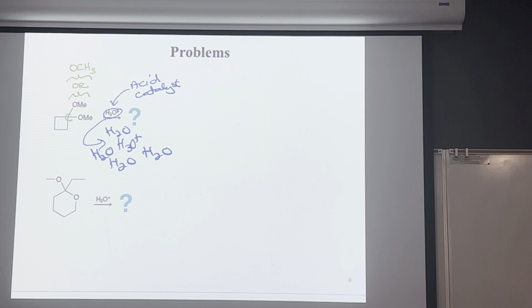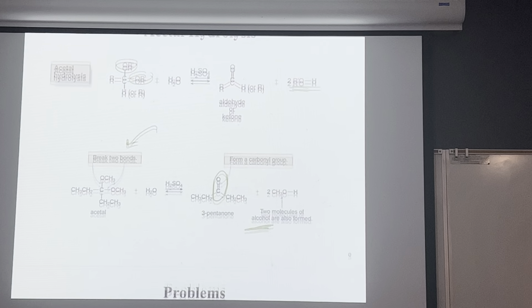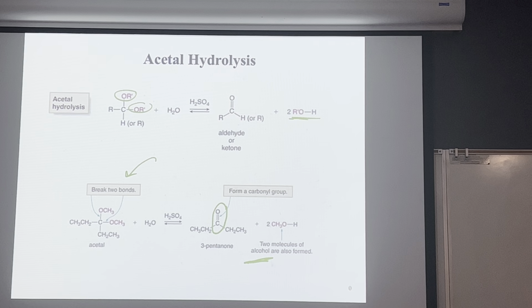Okay, so in order to write the product, what are we gonna draw that's not changing? Oh, yeah. The cyclobutane, the box. So we go ahead and draw that. And that green carbon right there, if you do hydrolysis on it, what we saw back here is you took your ORs off and then you remade your carbonyl.